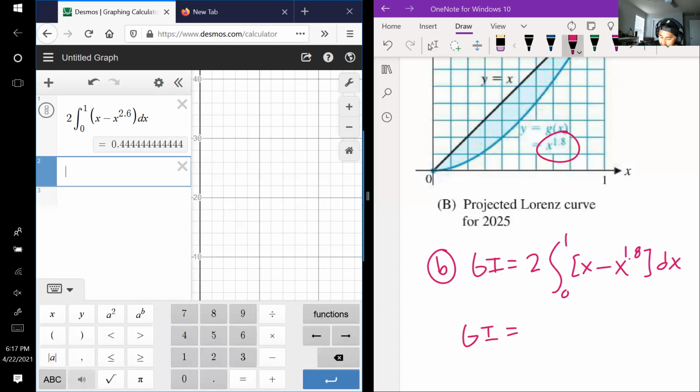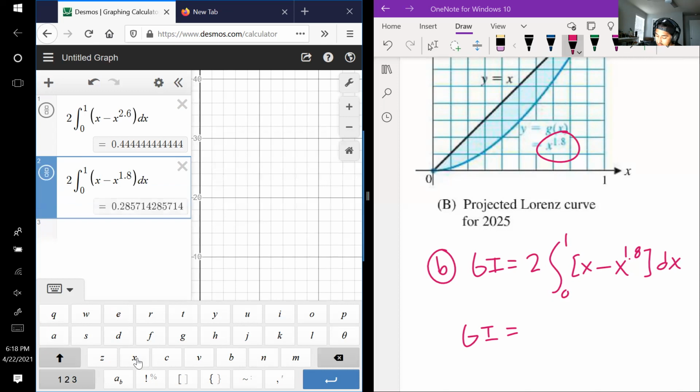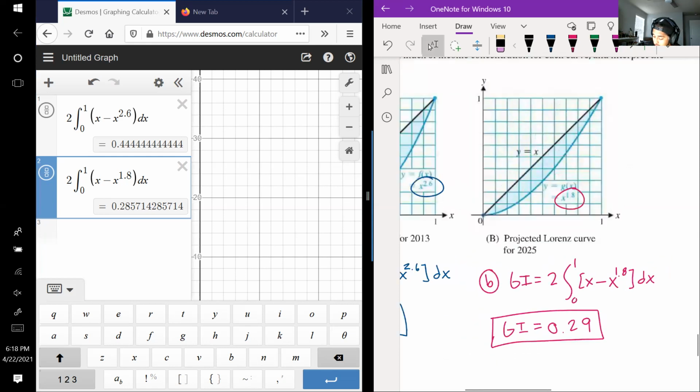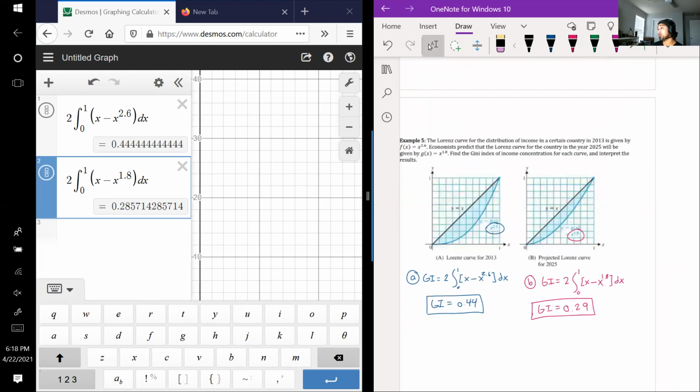Plug this in, same way we did above, 2 times the integral from 0 to 1 of x minus x to the 1.8 dx. And we get that in 2025, it is predicted that this country will have a Gini index of 0.29. So remember that for the Gini index, the closer you are to 0, the more income is being equally distributed. And the closer you are to 1, the more income is being unequally distributed.